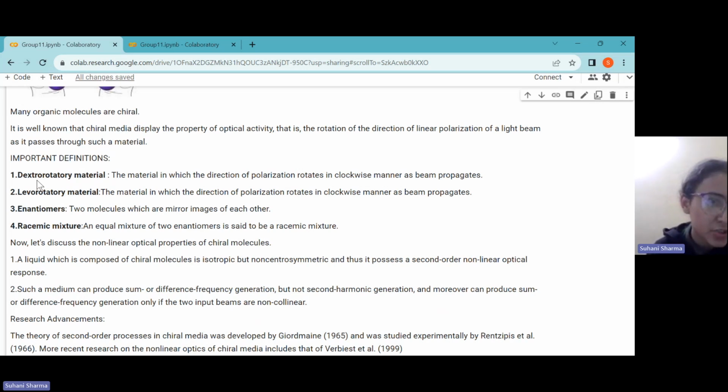We have dextrorotatory materials, in which the direction of polarization rotates in a clockwise manner. And we have levorotatory materials, in which the direction of polarization rotates in an anticlockwise manner.